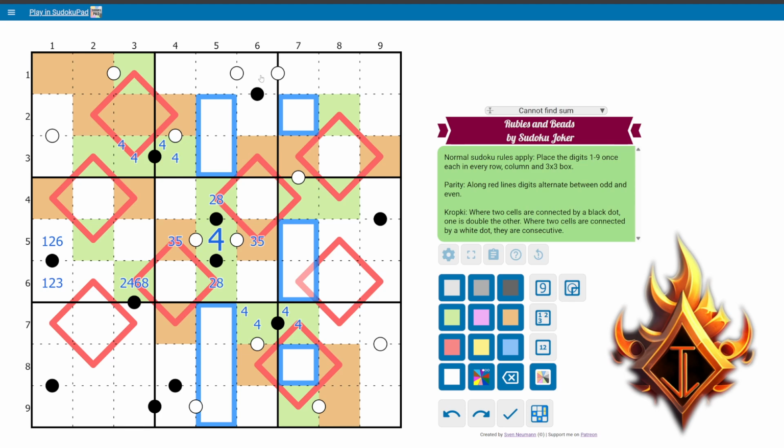That would be odd. Which, so it would be 3, 6, or 1, 2. I think that would be okay though. That would be even. That would be odd. So that would be even. And those two would be odd. And that would be broken then.